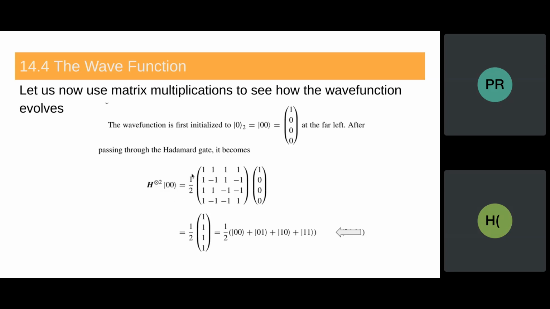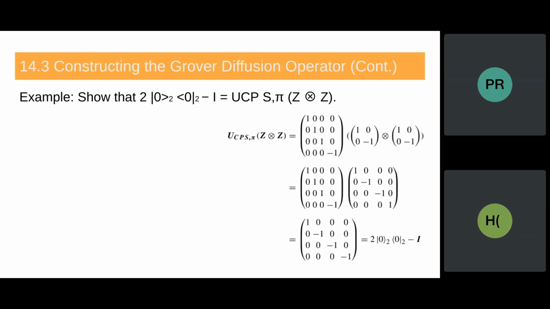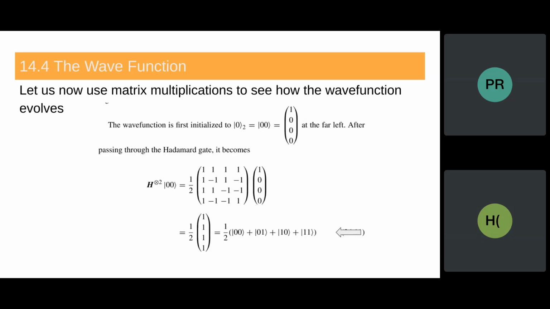When you do a Hadamard, already we have computed this previously, you can see here we have computed what is 2 0 2 minus I. This is the matrix. So we can take a 2 0 2 operation, which is the W part of it, and then apply the 1 0 0 0 matrix on it.